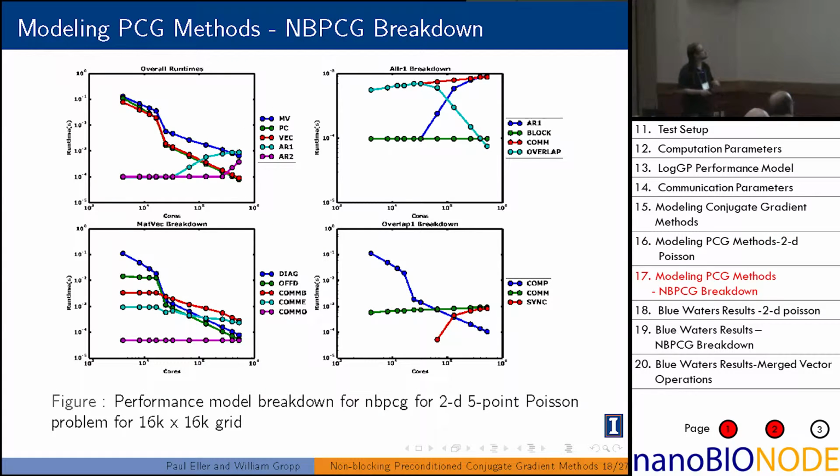So this breaks down the cost of the NBPCG method. In general, we see that the matrix vector multiply is the most time-consuming part. We see that the vector operations and the preconditioner are also pretty time-consuming, and the Allreduces are fairly small.